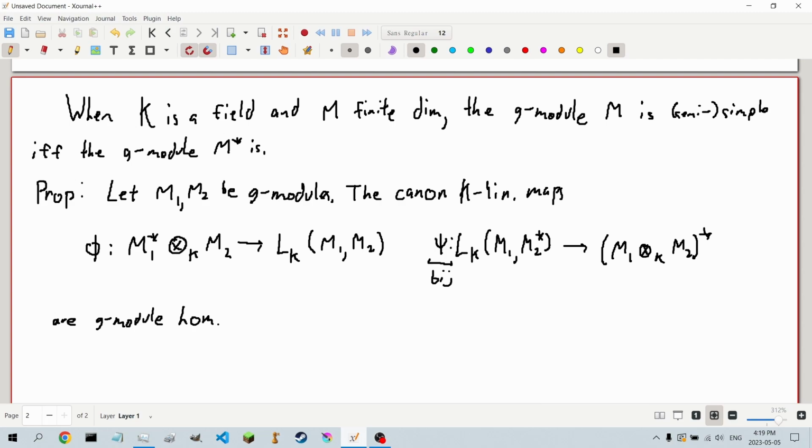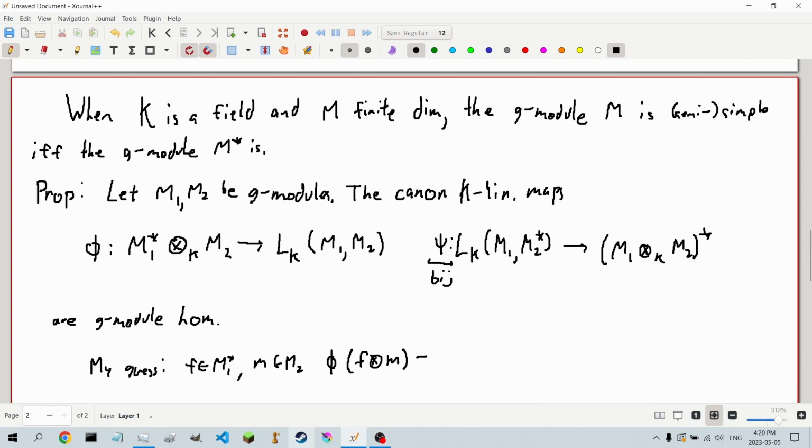So if you have F in M1 star and M2 in M2, I would guess that phi of F tensor M. And keep in mind, these are my guesses, these are not the canonical formulas.